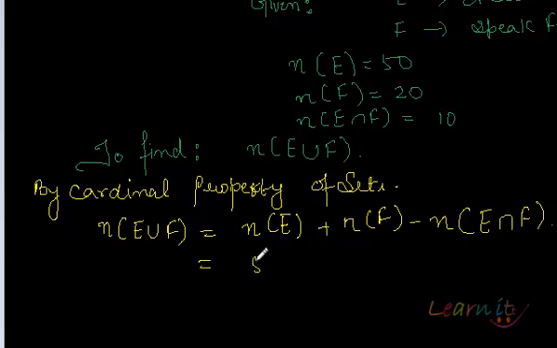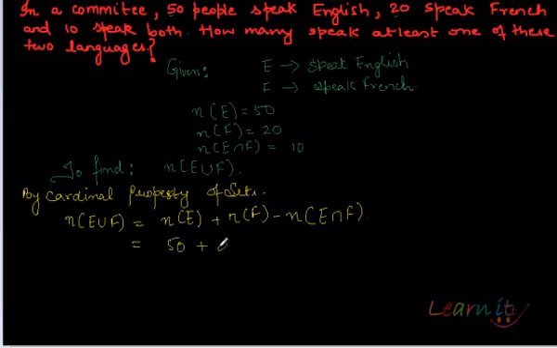Okay, so that equals 50 plus 20 minus 10, which equals 70 minus 10, that equals 60. So of the total number of people in the committee, 60 can speak at least one of these languages, right?